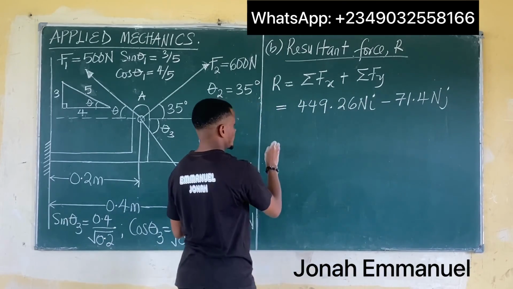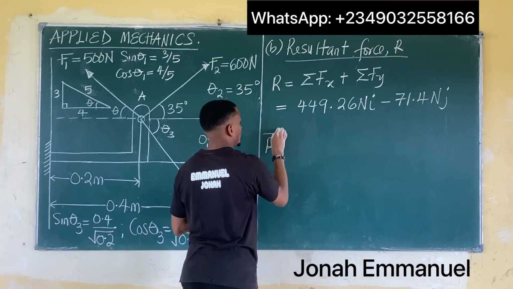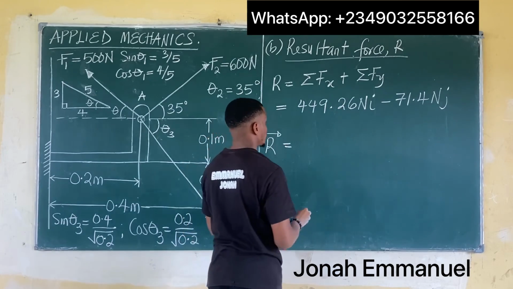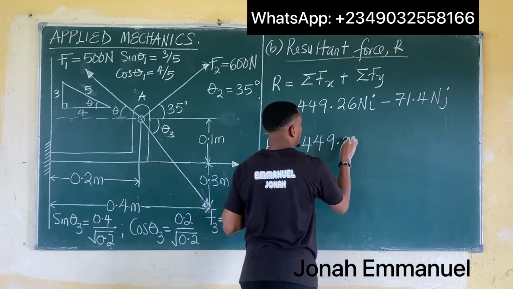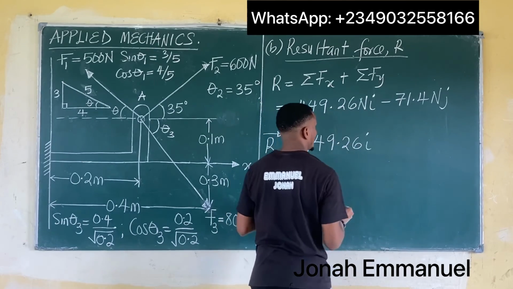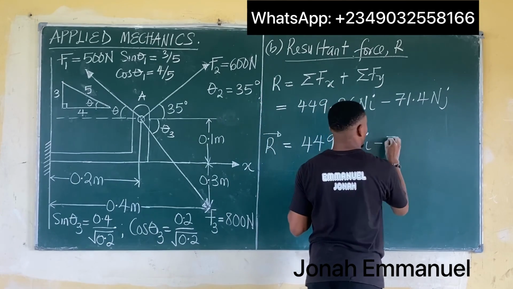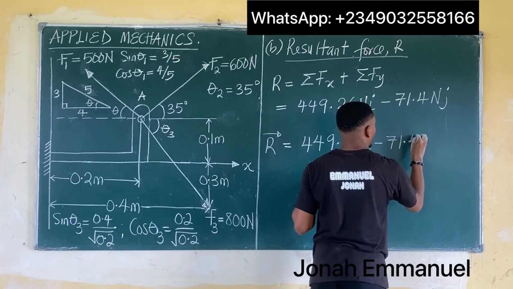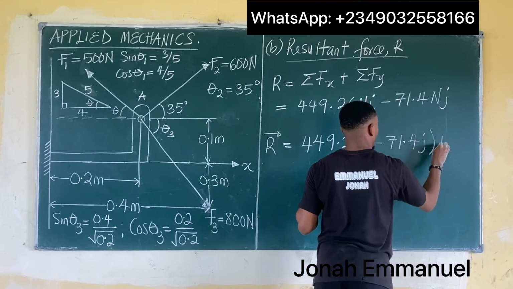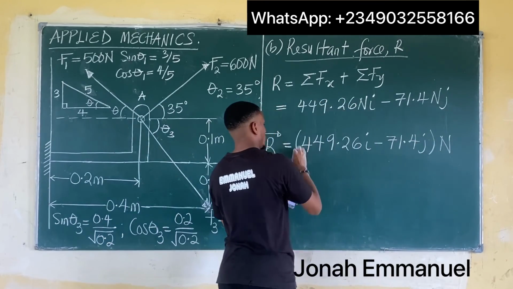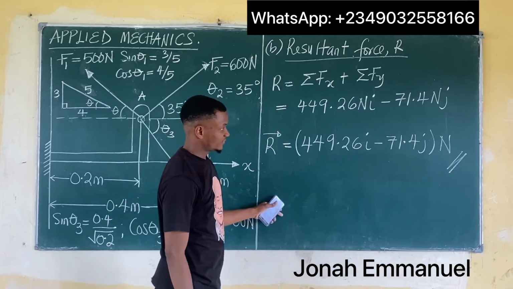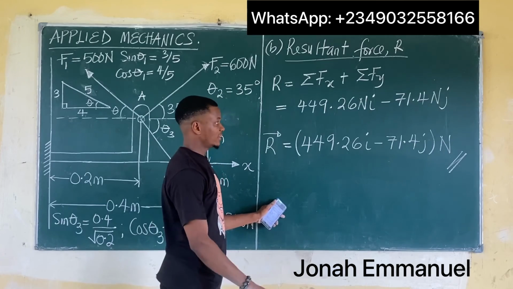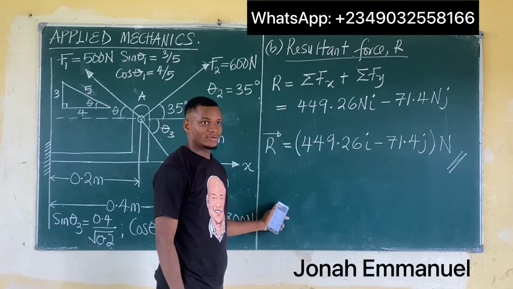Alright, factorize this. We have that R is equal to 449.26 I minus 71.4 J, all in Newton. Alright, so this is the answer to that question. So this is how you solve that question.